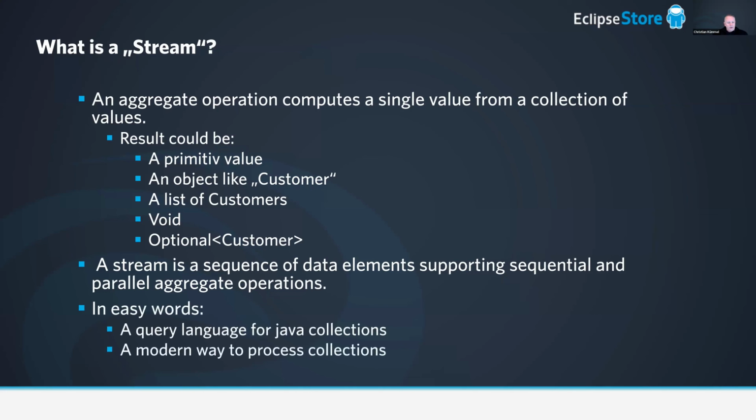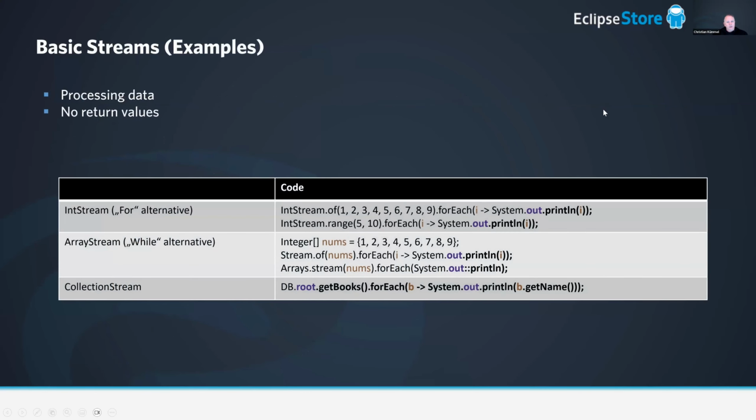And I would say it's a query language for Java collections and a modern way to process collections in easy words. And it's not that difficult to understand how streams basically work. To understand streams a little bit, let's start with the easiest situations of streaming through something, I would say.